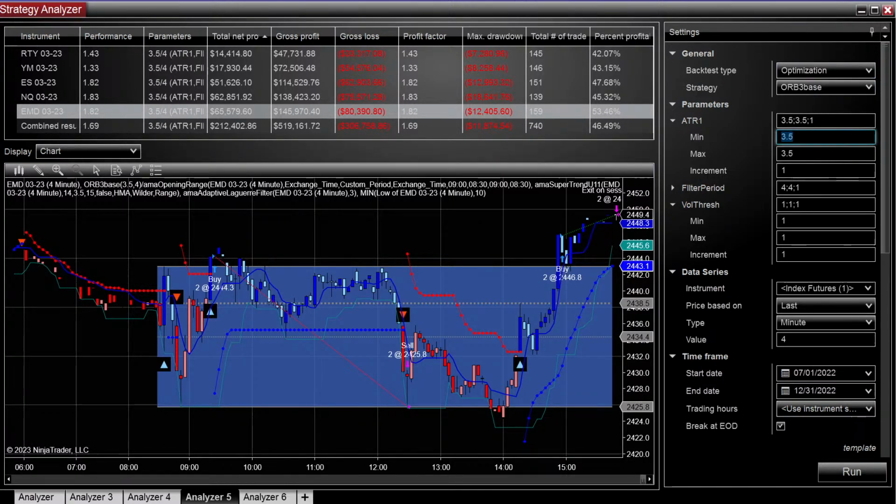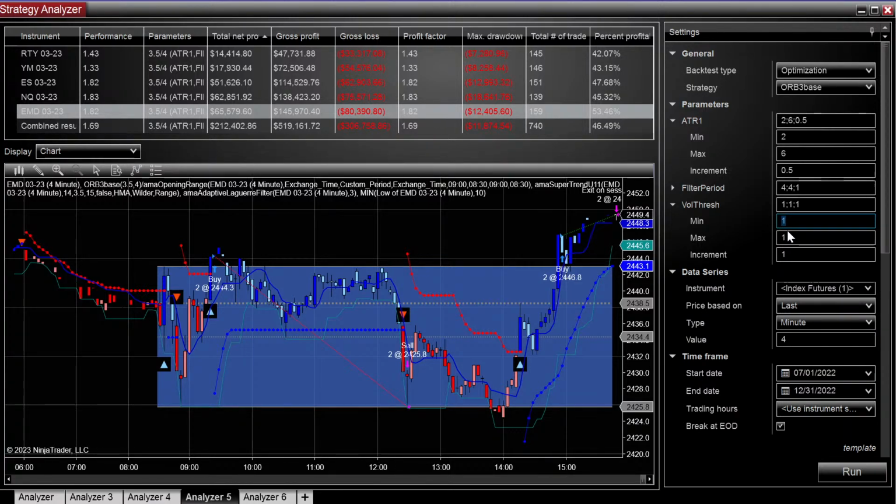So what we're going to do is our initial, we're going to do 2 to 6 at 0.5. And we're going to start off by seeing what ATR value we get whenever volatility is, let's do when it's greater.